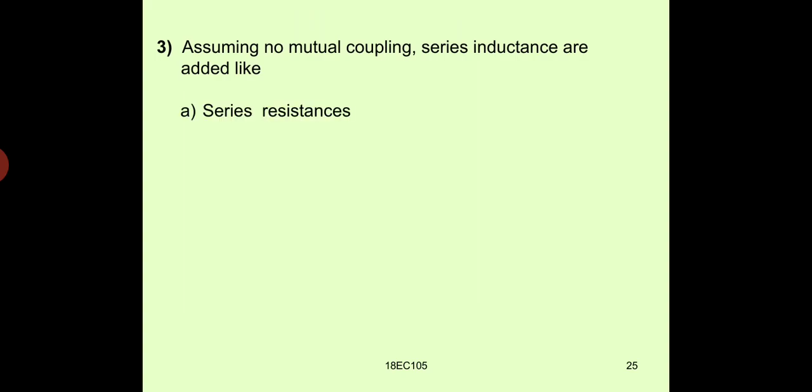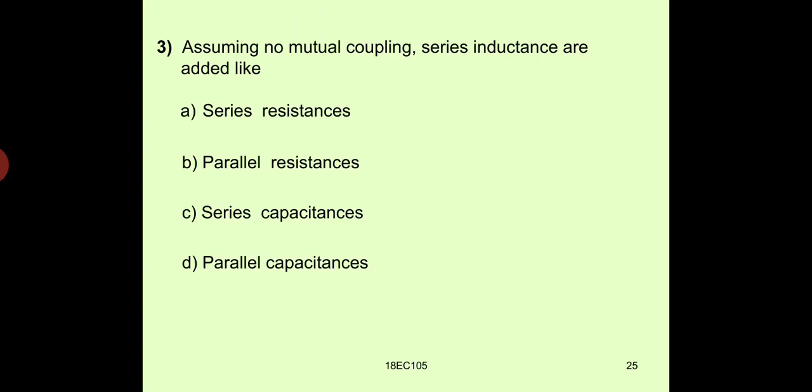Now the next one. Assuming there is no mutual coupling, series inductances are added like: choice A, series resistances; choice B, parallel resistances; choice C, series capacitances; and choice D, parallel capacitances.